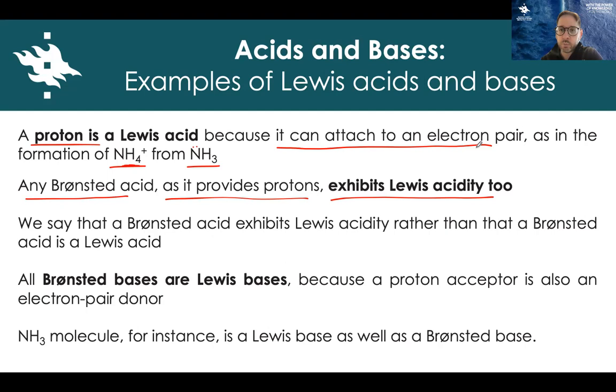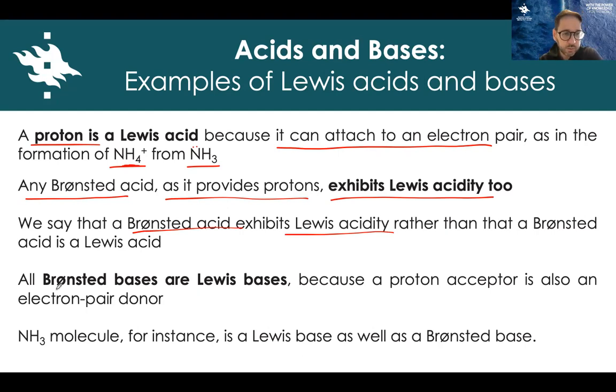So when the proton is eliminated from the molecule, it means that the electron pair of the bond containing the hydrogen atom is then received by the neighboring atom. So a Bronsted acid also exhibits Lewis acidity too.